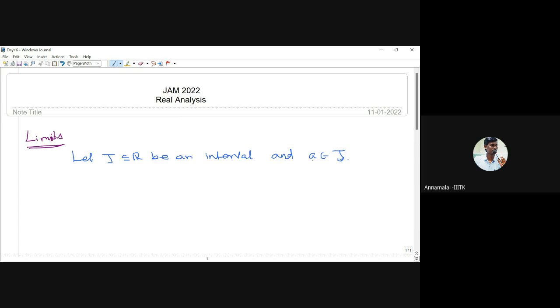Let f be a function from J minus the singleton {a} to R. That is, we define a function except at the point a. It's a given function.